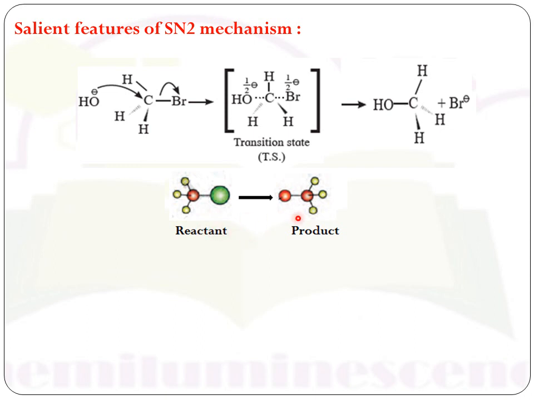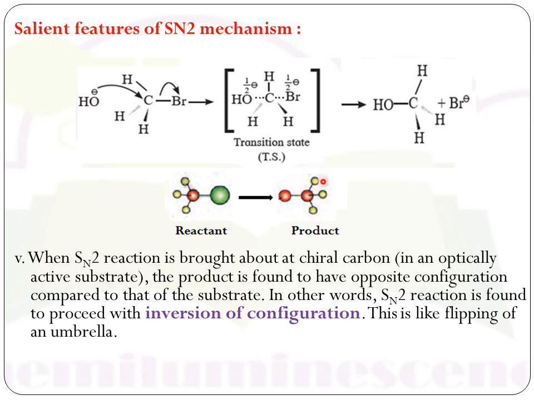The product formed has an arrangement of atoms or groups of atoms exactly opposite to the substrate. Here you can see in the 3D structure, it has a configuration like this. All three groups are on the left hand side, but in the product, these three groups are on the opposite side. That means inversion of configuration takes place in the product, like a flipping umbrella.